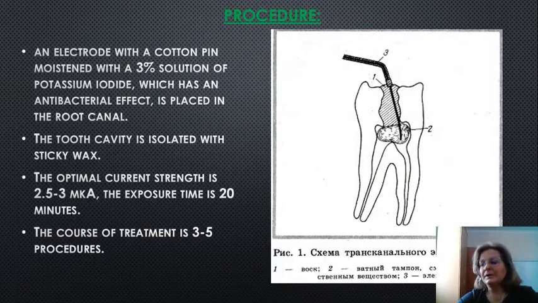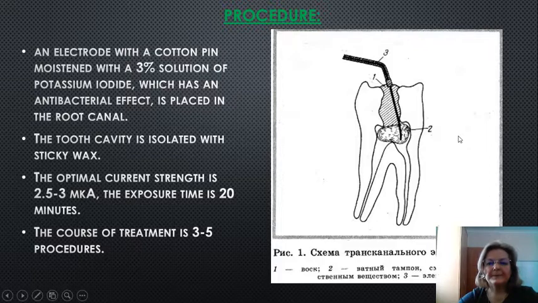This procedure consists of some steps. First step, an electrode with a cotton pin moistened with a 3% solution of potassium iodide, which has an antibacterial effect, is placed in the root canal.